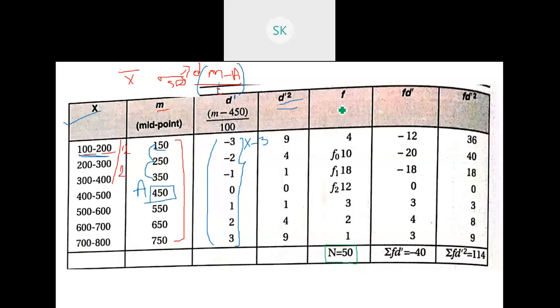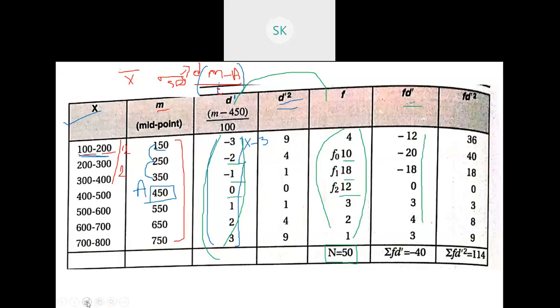Next, we have frequencies and we have d dash, or deviations. Multiply both of them, frequencies into d dash, to get f d dash. That is minus 3 into 4, minus 2 into 10, minus 1 into 18, 0 into 12. Like this you are supposed to calculate f d dash.